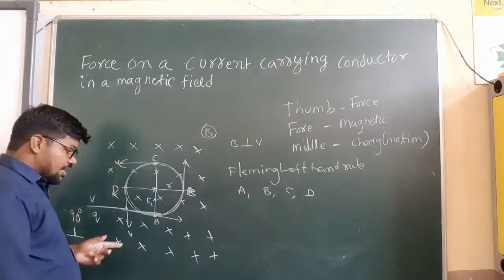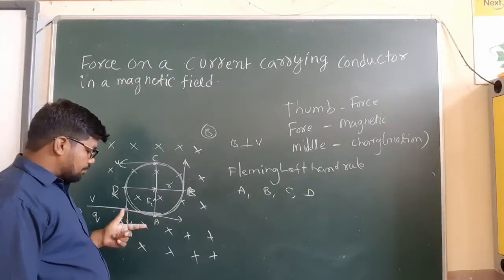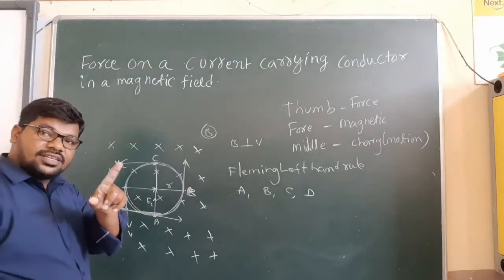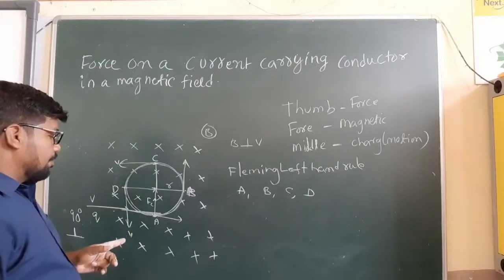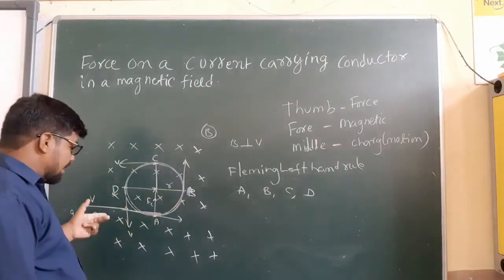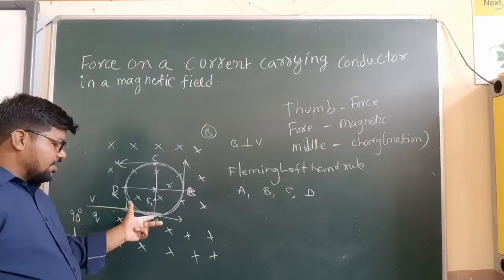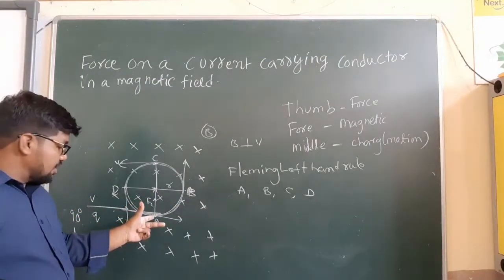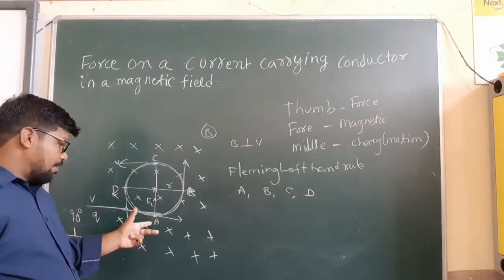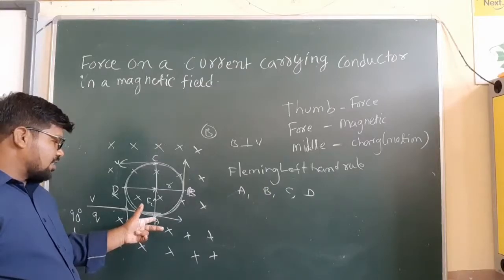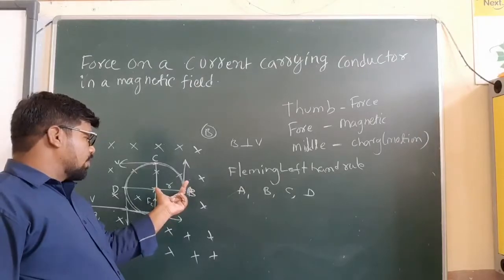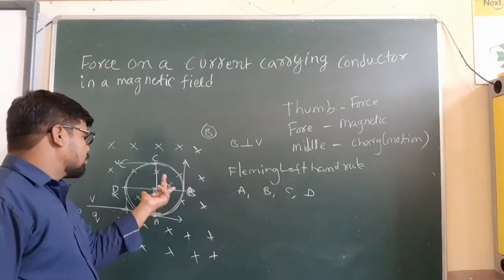See here, in which direction the particle moves. The forefinger indicates the direction of the magnetic field into the board, and the middle finger indicates the direction of motion of the charged particle. By arranging this, the thumb indicates upward. At point A, the force is acting upward. When it moves to point B, the force is towards the left, and it moves on continuously.